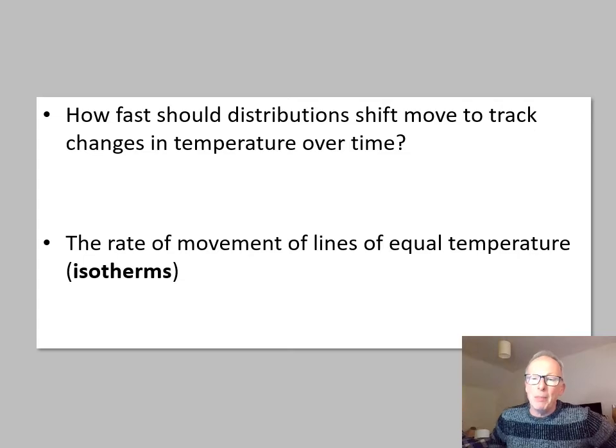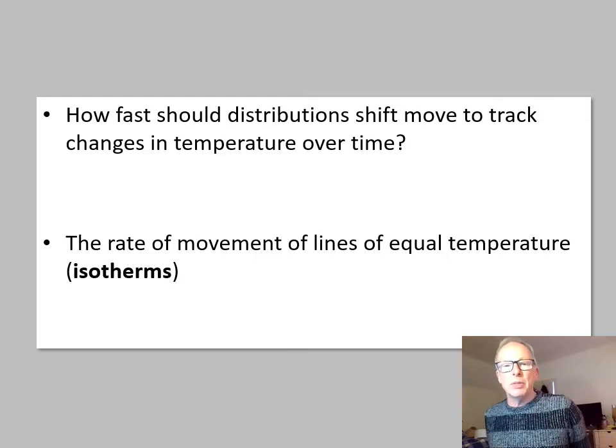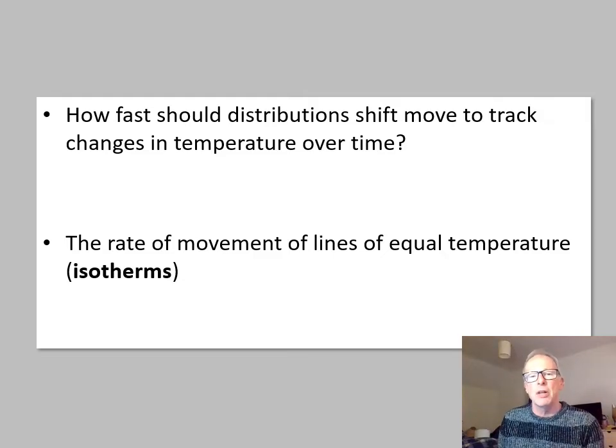So how do we develop expectations for how far species should shift to track changes in temperature? Well, we can look at these lines of equal temperature, or isotherms, and the rate at which those isotherms are shifting over time.